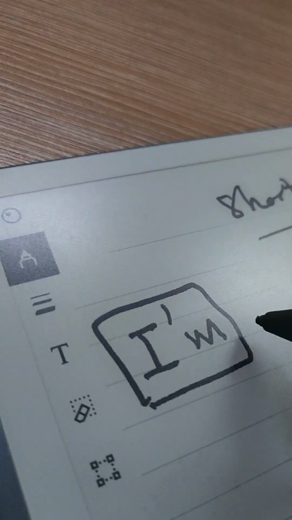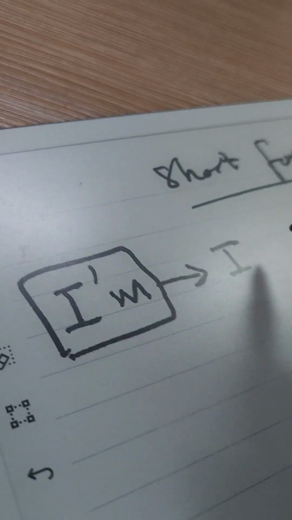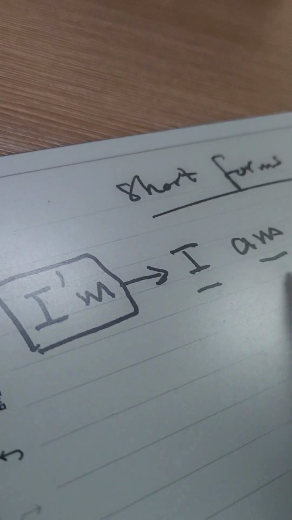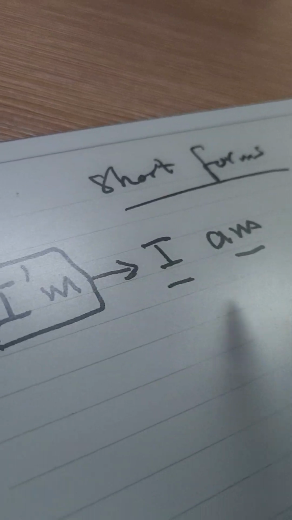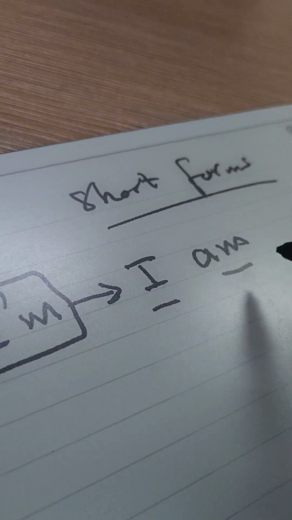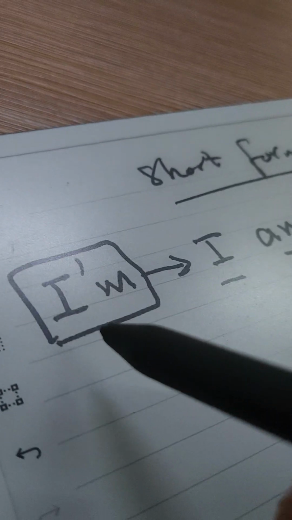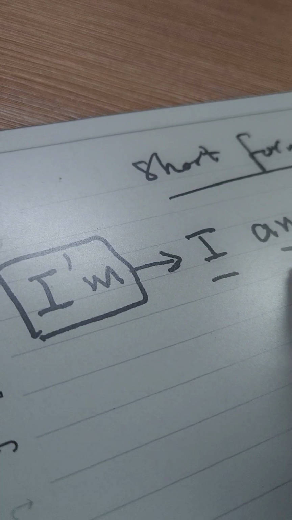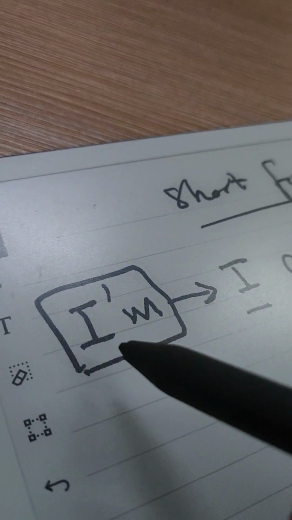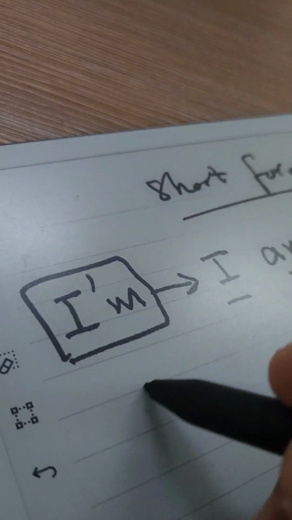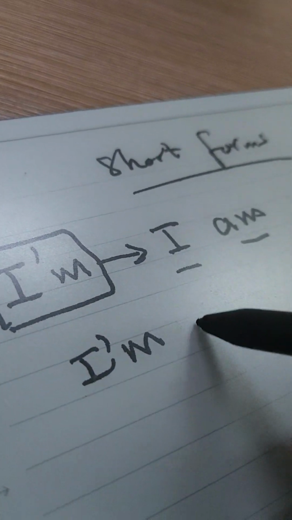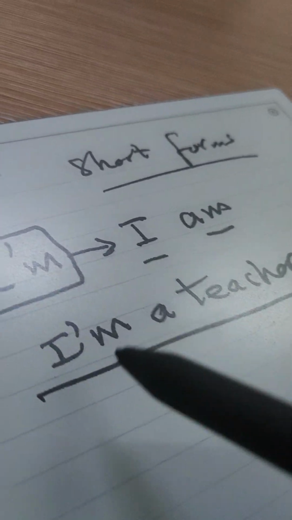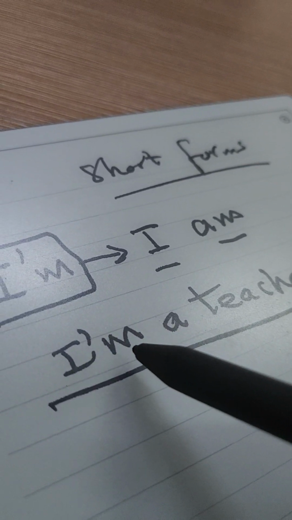You know, this is a short form for I am. But it's not good to say I am. But it is what? I'm. So I am should be said I'm. So how can you say that? Don't say I am or I am.